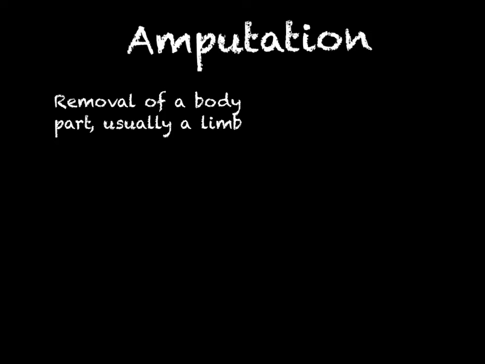Okay, so we are moving our discussion to amputation, which is the removal of a body part, and that is usually an extremity or a limb, although it can involve the ears, the nose, the tongue. Those things are also able to be amputated.